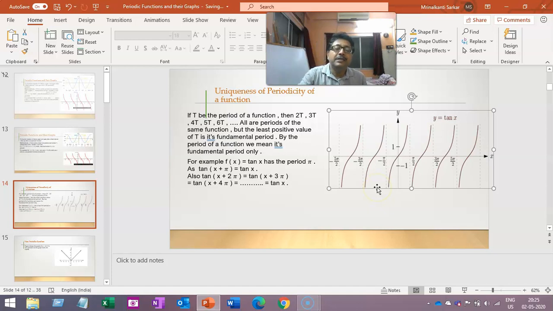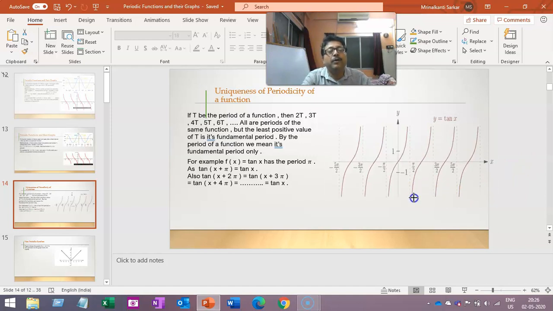If anybody says that the graph I am getting from minus pi by 2 to 3 pi by 2, these two parts will be repeated, you are true. If somebody says that it is from minus pi by 2 to 5 pi by 2 that is repeated, that is also okay. So not all periods are fundamental. Here it is true for pi as well as for 2 pi, 3 pi, 4 pi, 5 pi; for all these it is well defined.